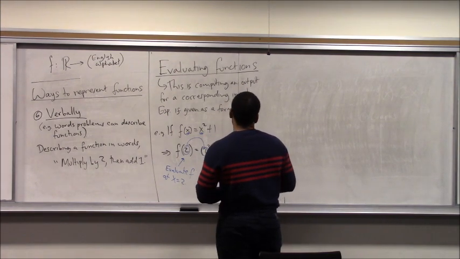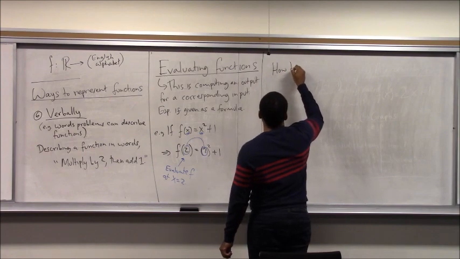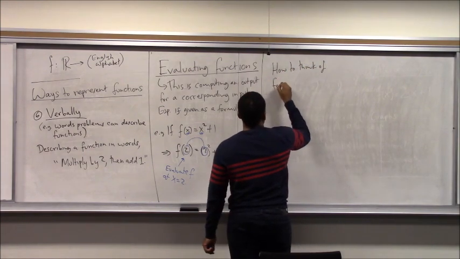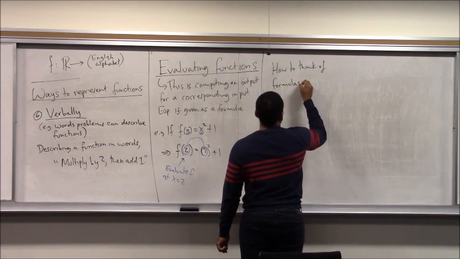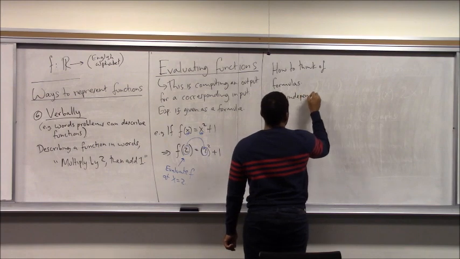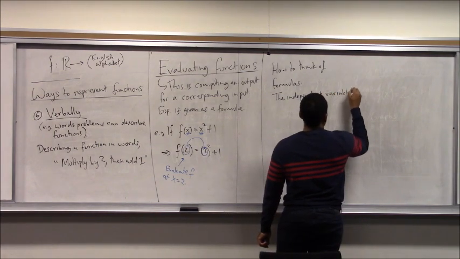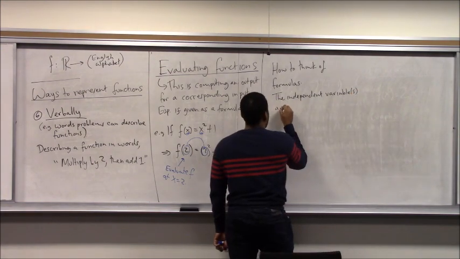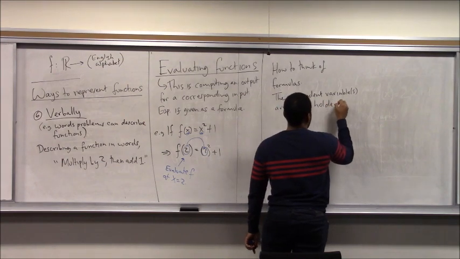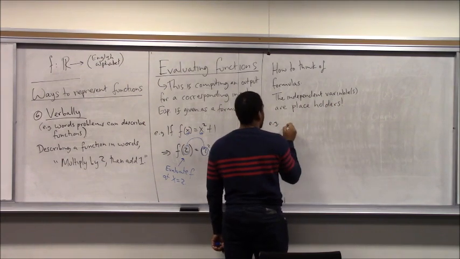So one way to think of function formulas is that the independent variable, whatever it is, could be an x, could be something else, are placeholders.